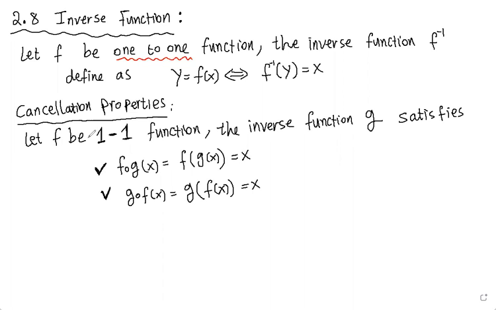This is also a question we will assign, to check if these functions are inverses. Just use this property: if f circle g gives me x and g circle f gives me x, this means f and g are inverse to each other.